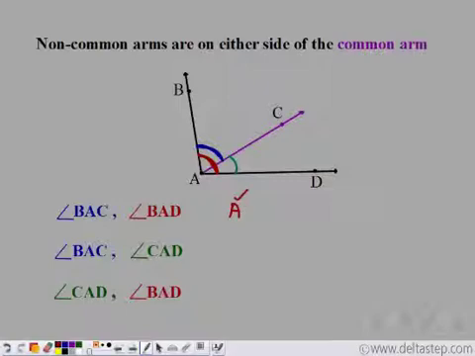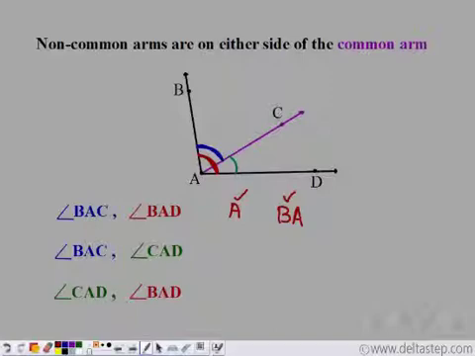This condition is satisfied. Let us see if they have a common arm. Angle BAC has arm BA and angle BAD also has arm BA. So they have a common arm BA. So the second condition is also satisfied. Now let us look for the non-common arms.